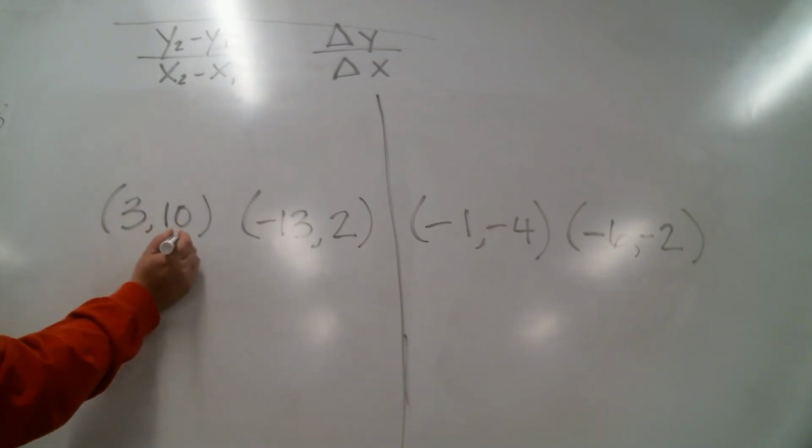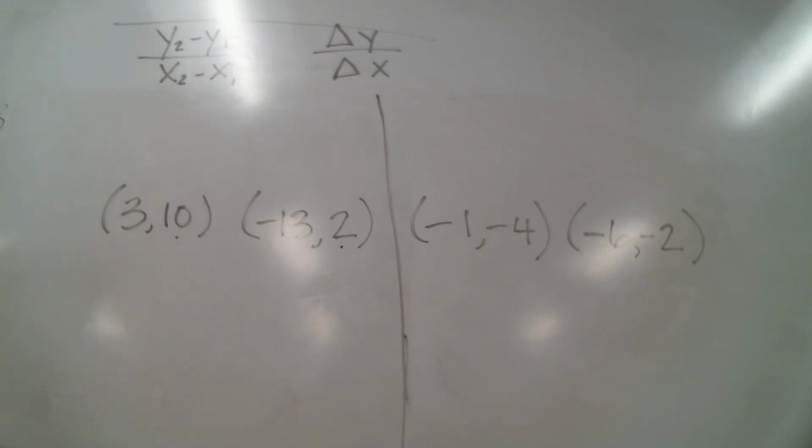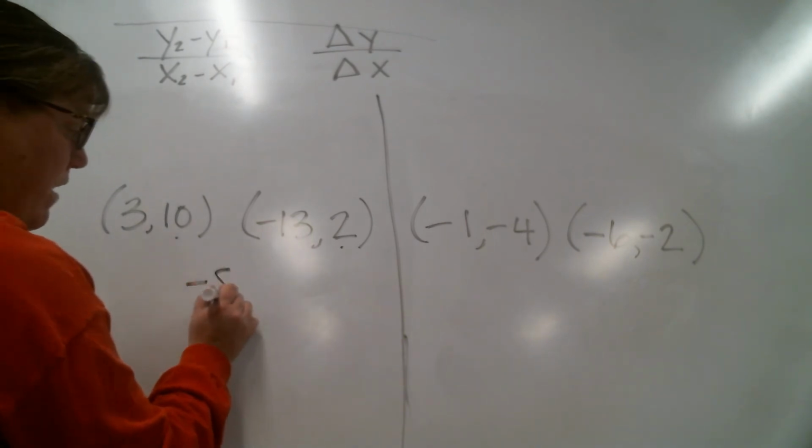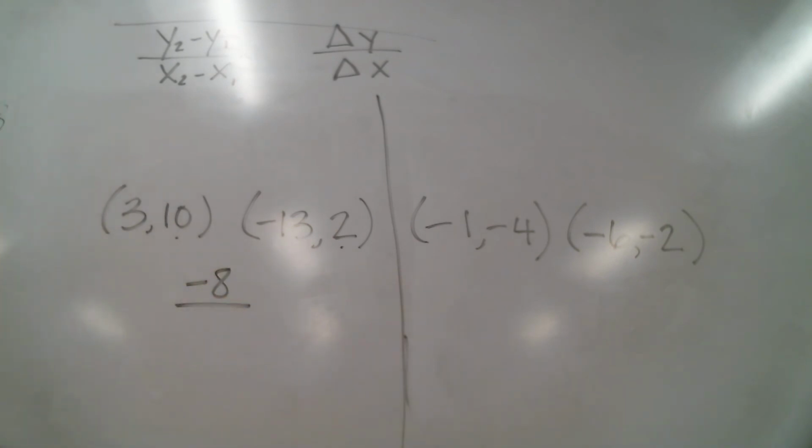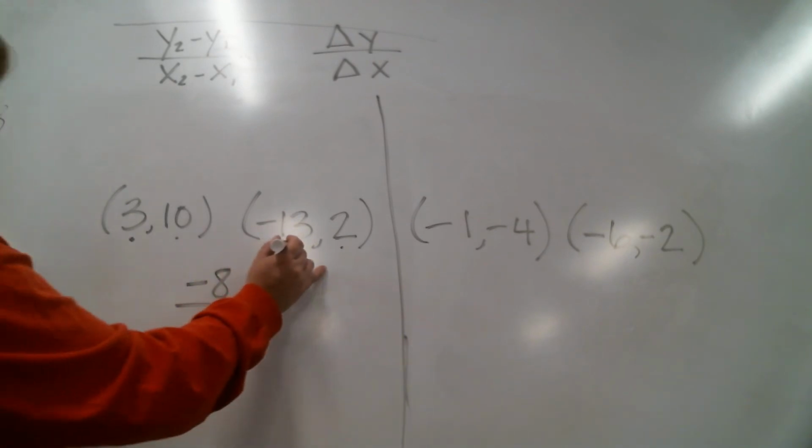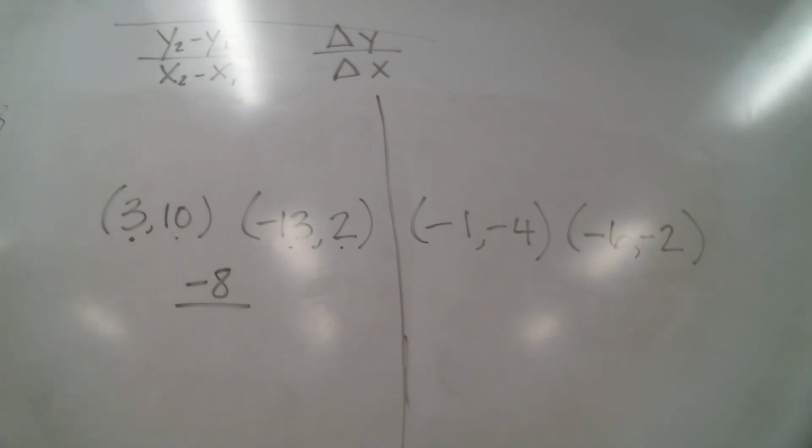The y's are going from 10 to 2. So that means that the y moved down by 8. So the change in y would be -8. Change in x, this one moved from +3 to -13. So if you think of a number line, you're at +3 and then moving back to -13. So that's a jump of 3 and then 13 more.